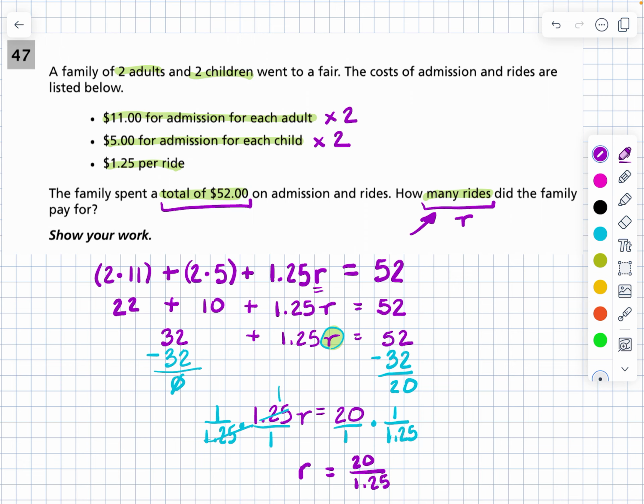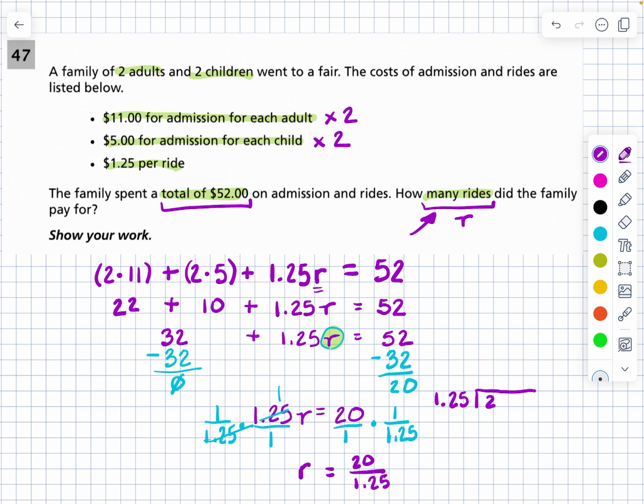So now, again, the question is how many rides. So I'm going to have to divide this out. I'm going to have to divide 20 into 1.25. Nope, the other way around: 1.25 into 20.